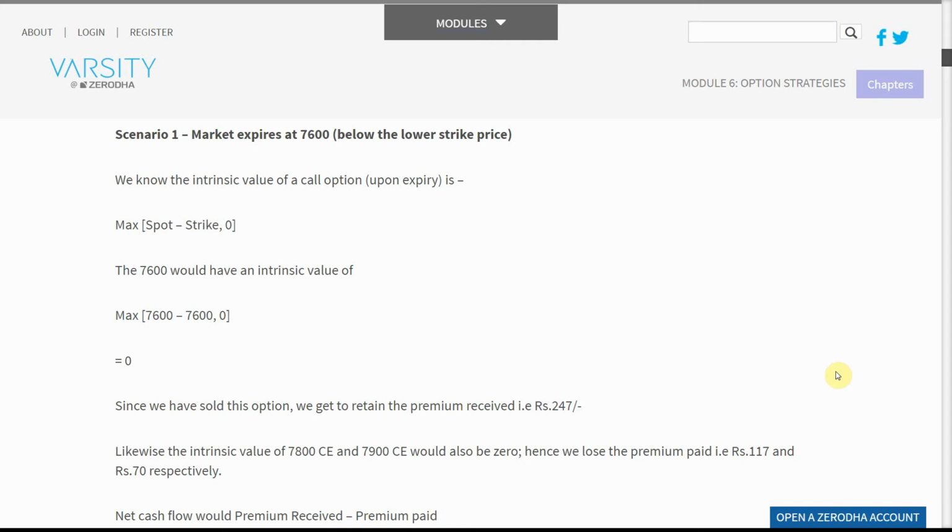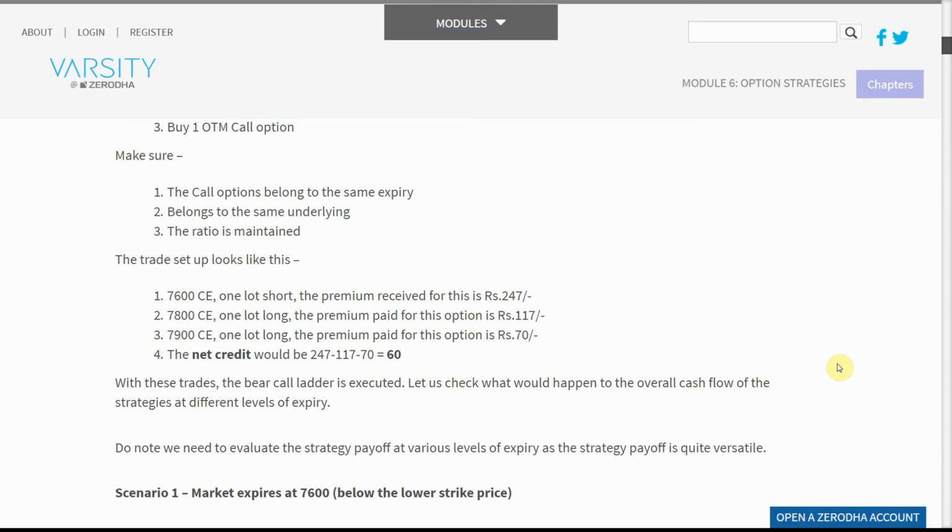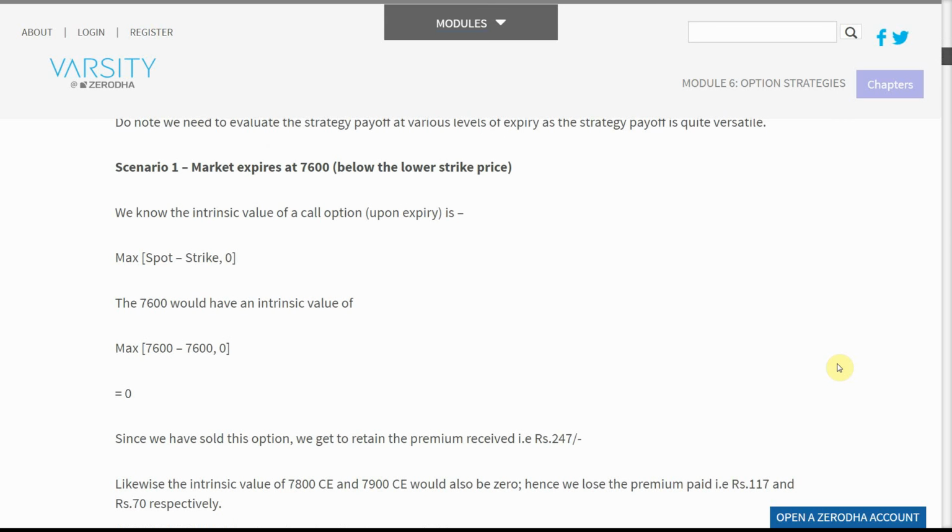We know the intrinsic value of a call option upon expiry is max(spot minus strike, 0). The 7,600 CE would have an intrinsic value of max(7600 minus 7600, 0) equals 0. Since we have sold this option, we get to retain the premium received, i.e. 247 rupees per share.